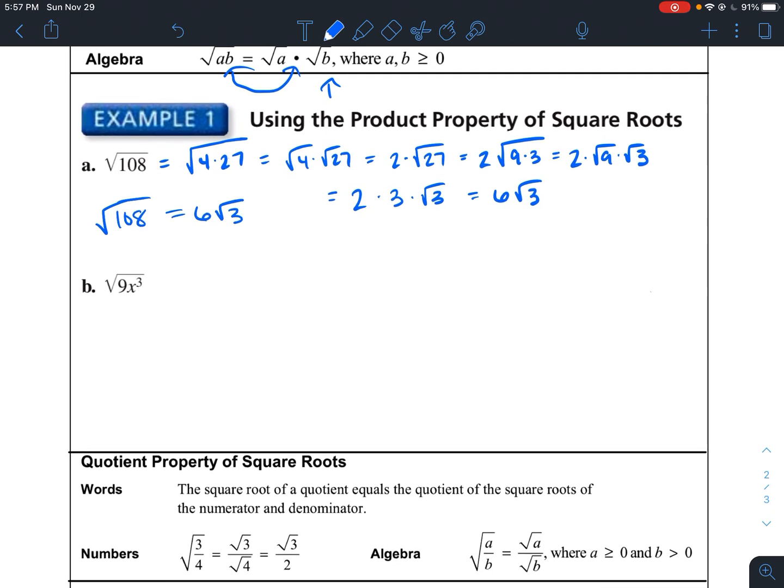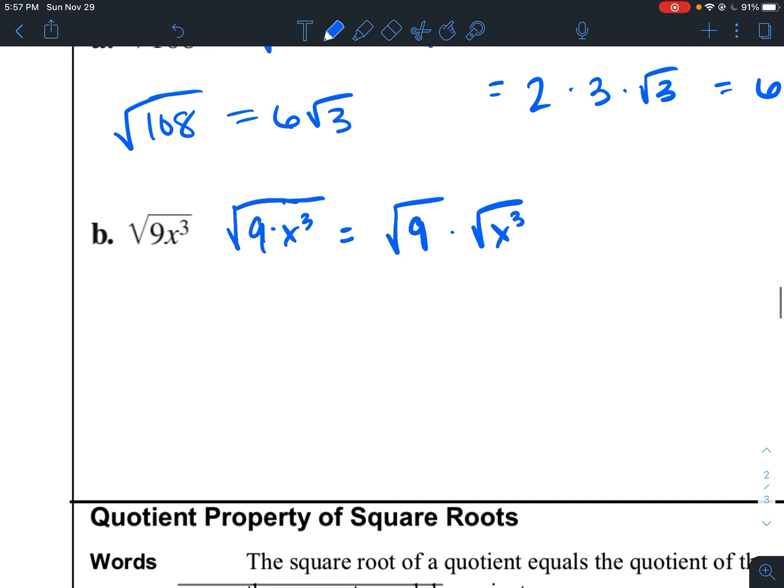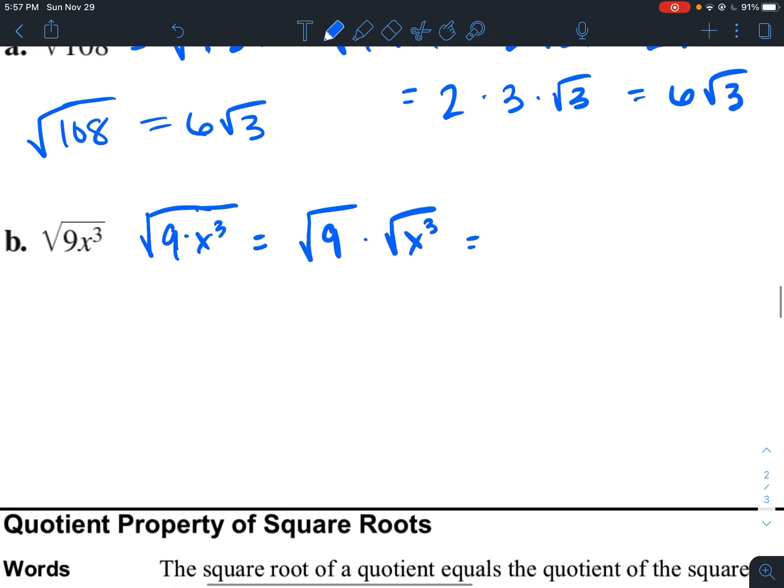So let's try that with this right here. This time we have a variable. So we have the square root of 9 times x cubed. According to the property that we just talked about, this is the same thing as the square root of 9 times the square root of x cubed. The square root of 9 is 3. And the square root of x cubed is the same thing as the square root of x squared times x.